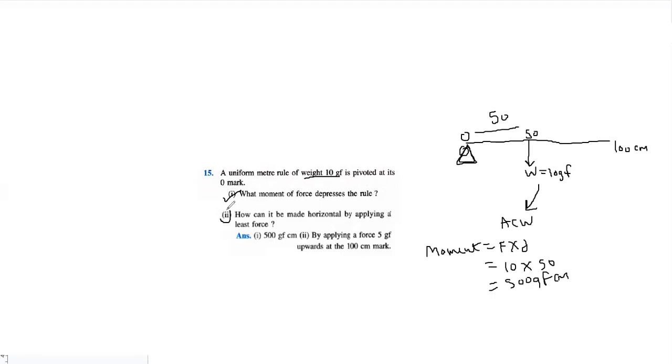The second part says, how can it be made horizontal? This weight is bringing it down. So if we want to apply a force, it says least force. We know the least force from the pivot is at the maximum distance, and the maximum distance could be 100 centimeters. So the least force will be applied here. That would be F. For that, it has to be anti-clockwise moment equals clockwise moment.